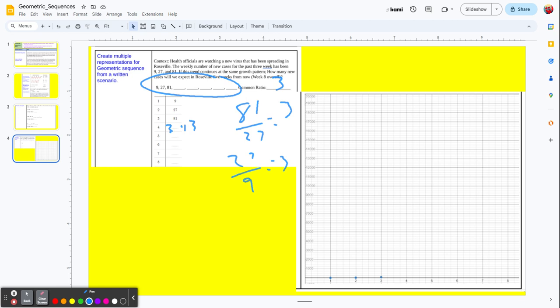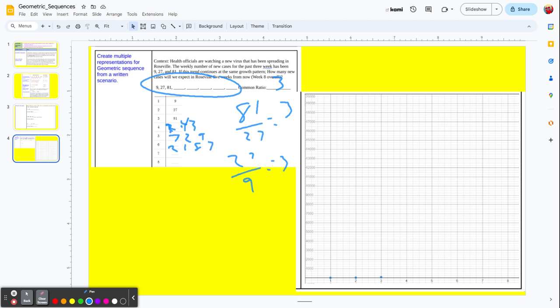Okay, 5. You're going to multiply 243 by 3, which is 729. So this was 243, 729. Our sixth value is going to be 729 times 3, which is 2,187.